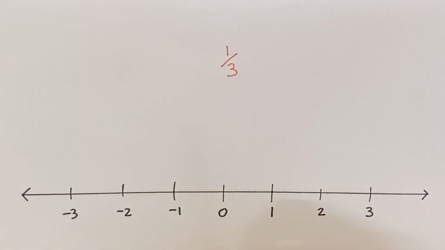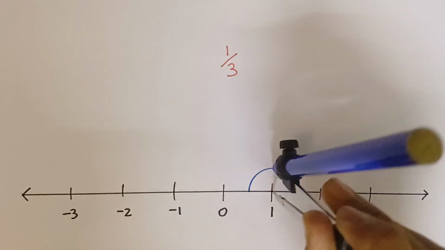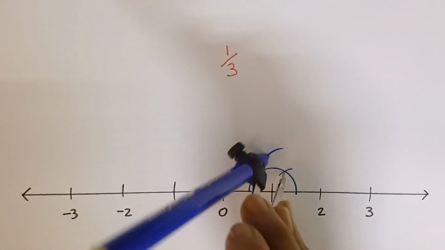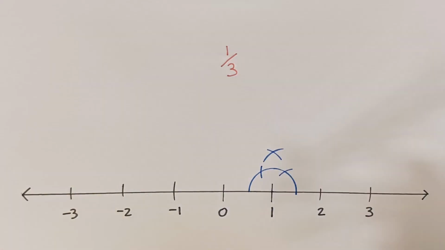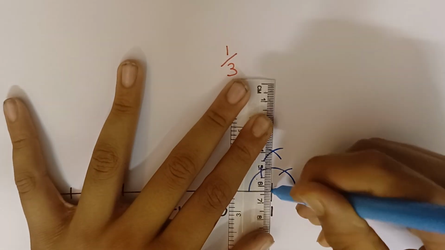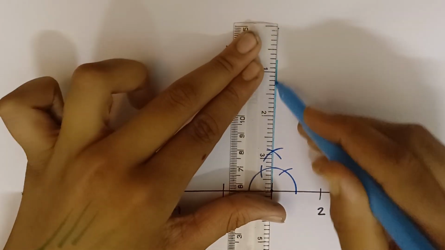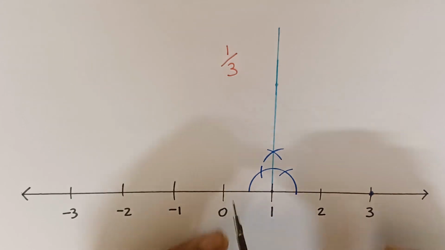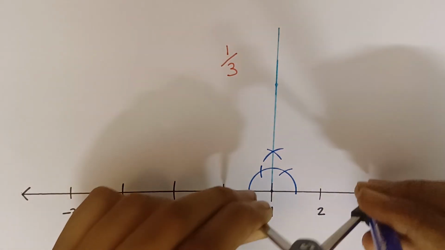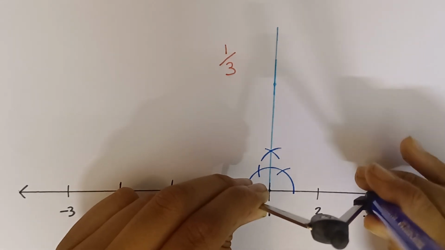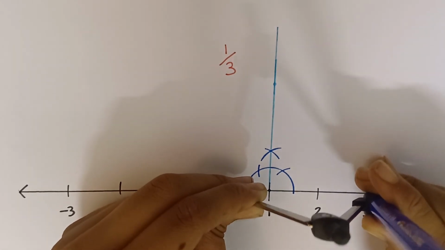We first make a 90 degrees at 1 and extend a perpendicular through it. Then we take 3 units on the compass by placing the needle at 0 and the tip at 3, after which we make a mark through the perpendicular.